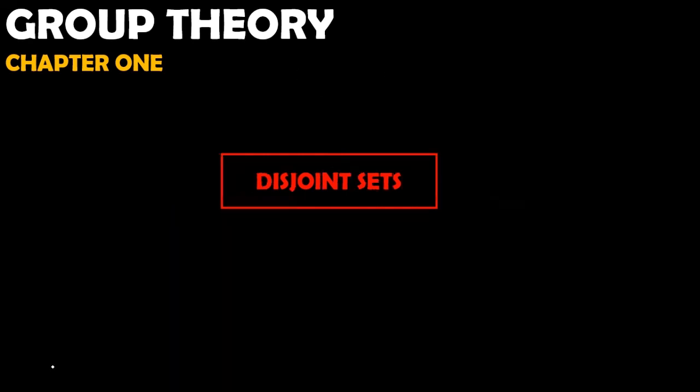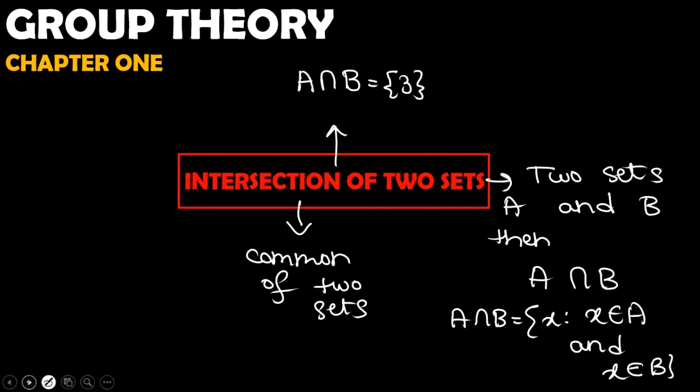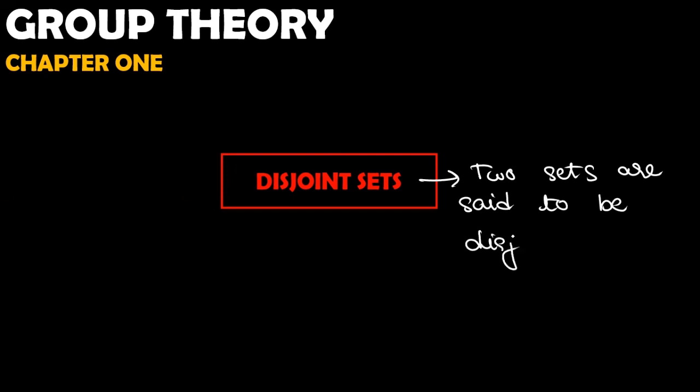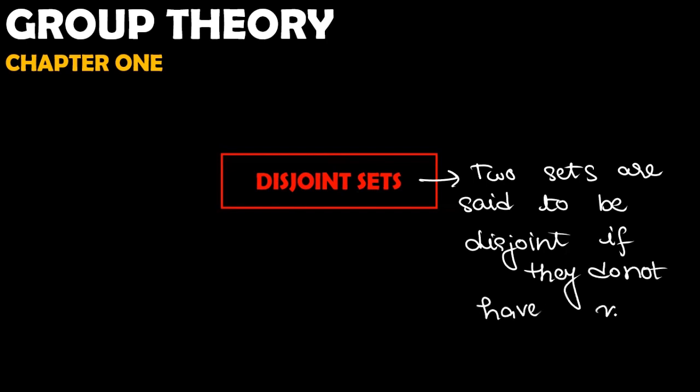Next topic is disjoint set. It is opposite of intersection, because in intersection we take the common part of two sets, right? Two sets are said to be disjoint if they do not have any common part, if they do not have anything common between them.